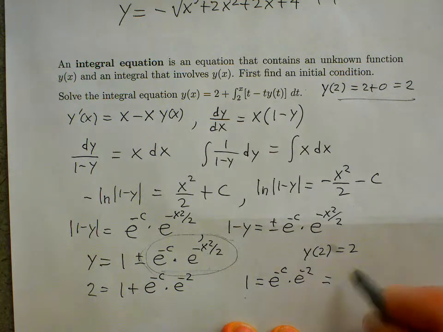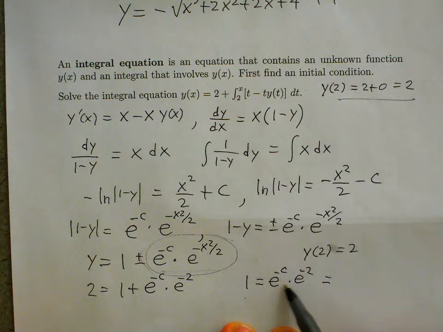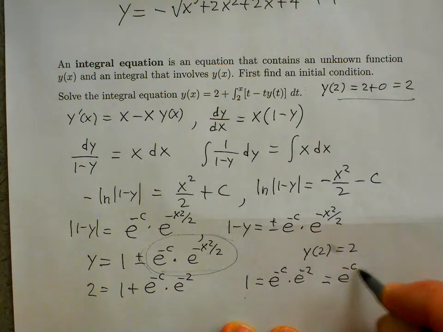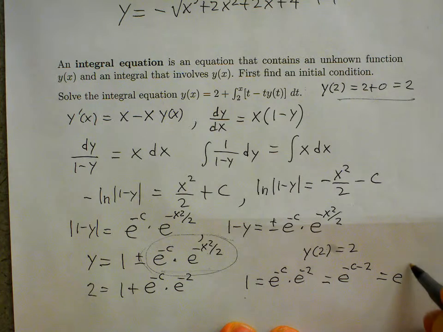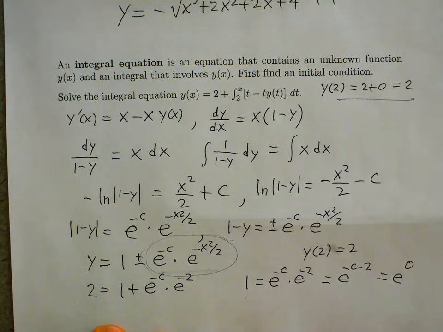So in other words, if you have e to the negative c times e to the negative 2, that's e to the negative c minus 2, but that's equal to e to the 0. So we're trying to find the value of c. So negative c minus 2 equals 0.